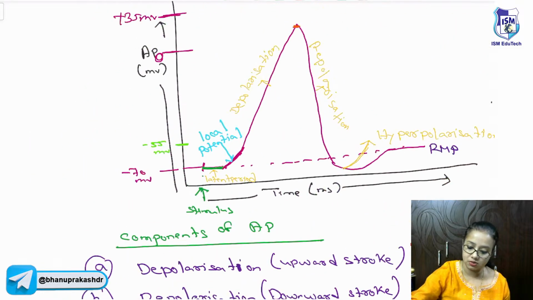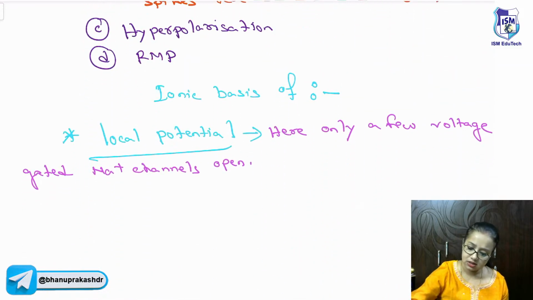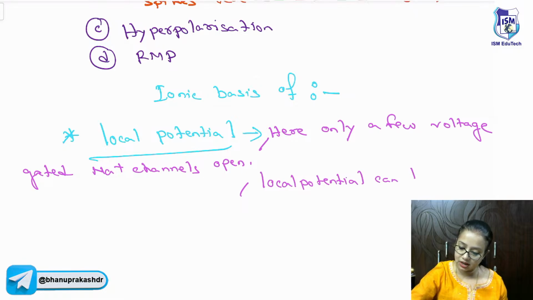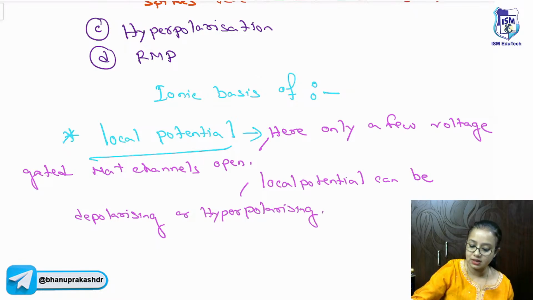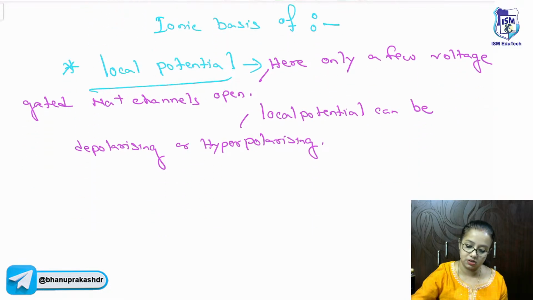That's why here there is no spike, only a small increase. Another characteristic of local potential is that it can be depolarizing or hyperpolarizing. It can cause an action potential towards upward, and it can also go downward.